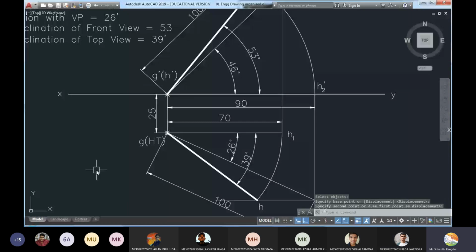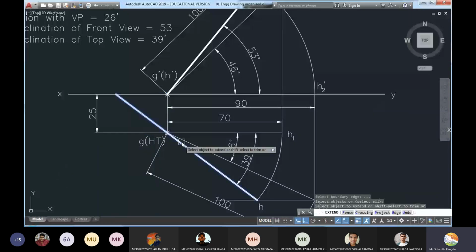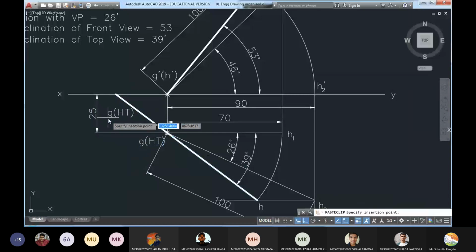Now we have to find VT. How to find VT? I will keep this dimension away. So we have to extend XY, double enter, then click on the final top view.